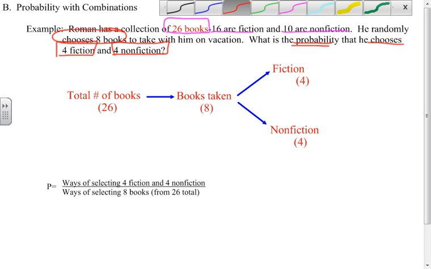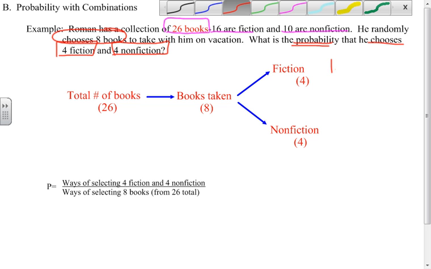So we have multiple steps right now. So his total number of books is 26. He's going to pick 8. And we want to know what's the probability of randomly picking 8, we're going to get 4 fiction and 4 nonfiction. So we have to go through a couple of steps first.